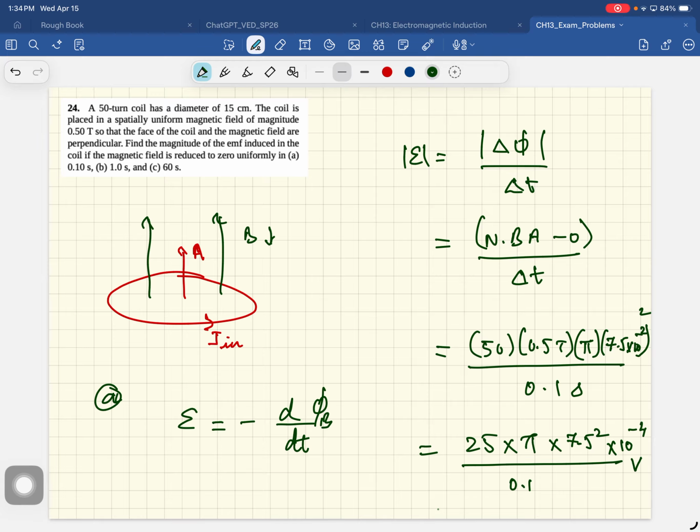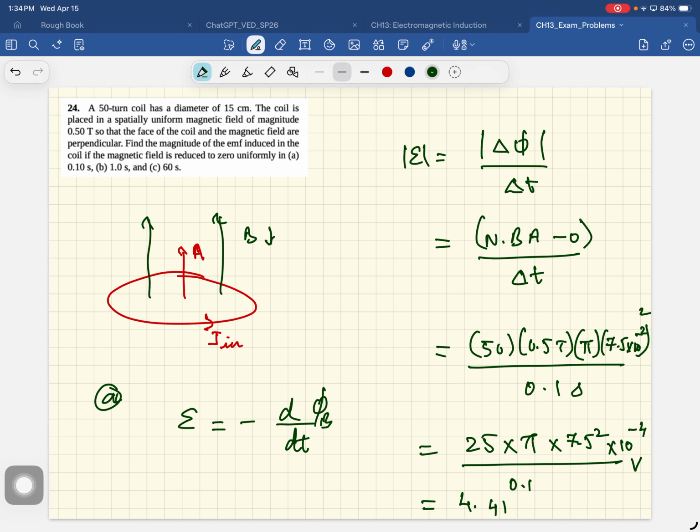So this is 10 to the minus 6 volts times 25 pi. This is 78.5, and that's in microvolts.